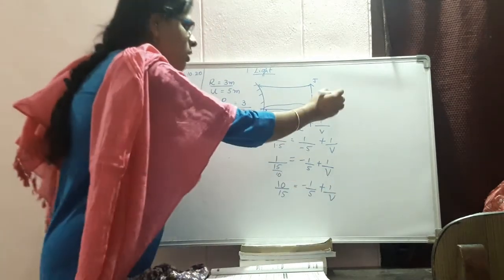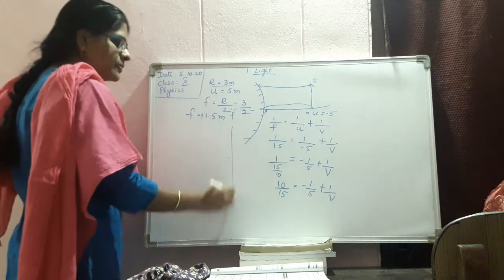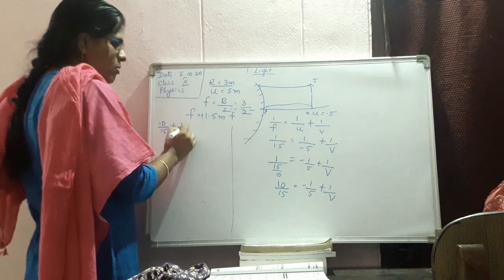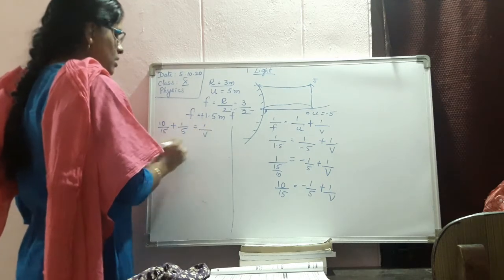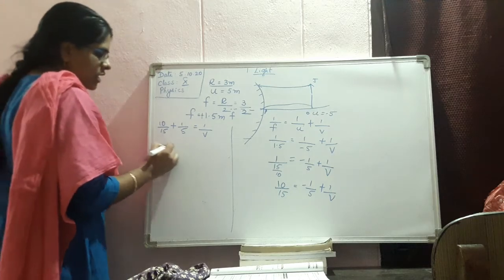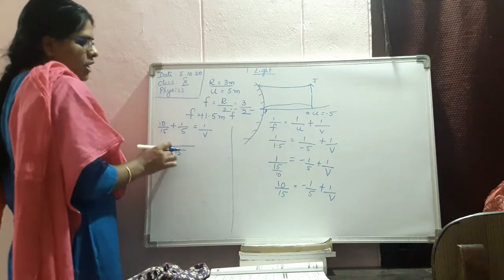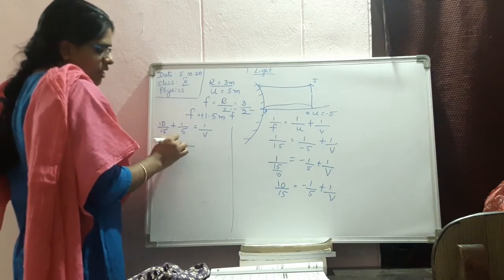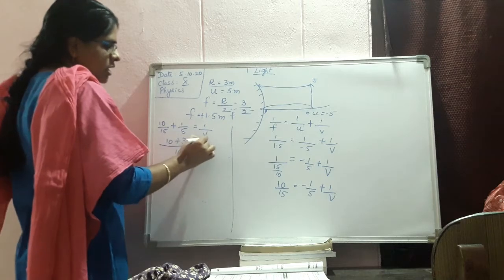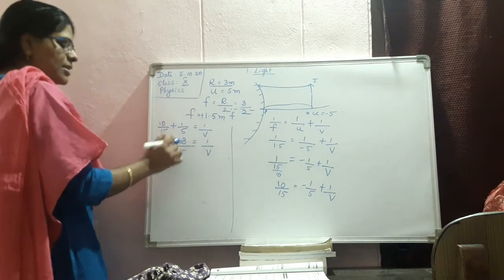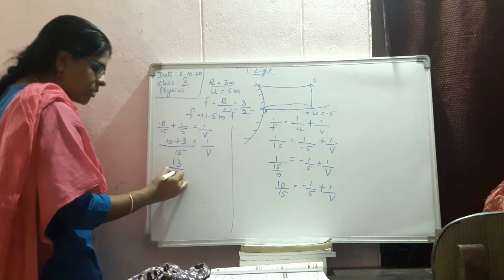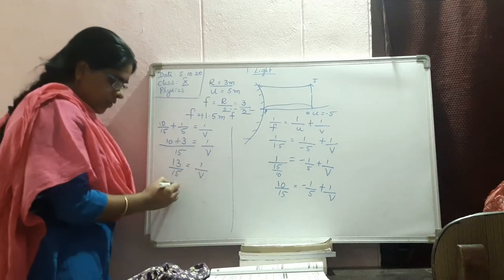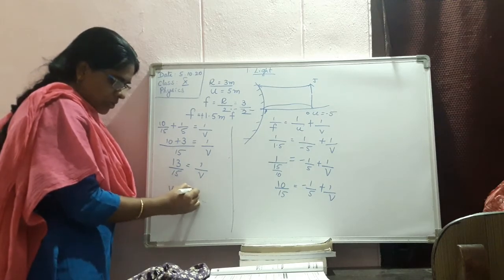Now take this minus 1 by 5 to the other side. 10 by 15 plus 1 by 5 equal to 1 by v. LCM of 5 and 15 is 15. 15, how many times? 1 time. 1 into 10, 10, plus in 5 how many times? 3 times. So 10 plus 3 is 13 by 15, which is 1 by v. Now v equal to 15 by 13.